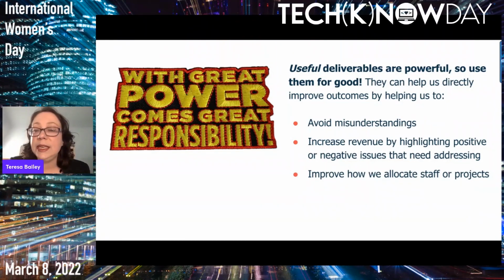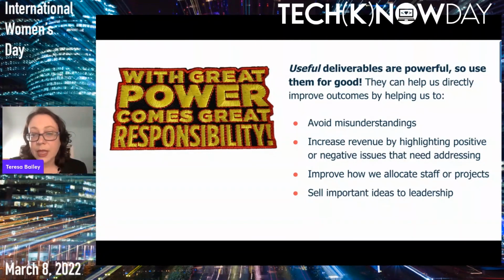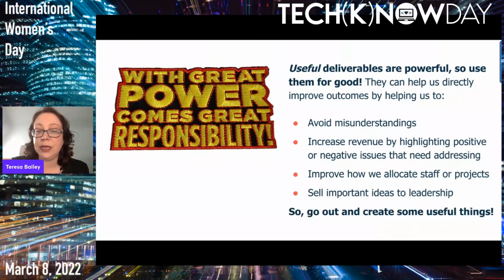When something is useful, then people are more likely to be able to improve how we allocate staff or projects because now they really understand what's going on with the project or with the staffing, and you're able to convey that message better. And it also can help you sell important ideas to leadership or, of course, to your customers, because again, they really understand what you're trying to teach them.